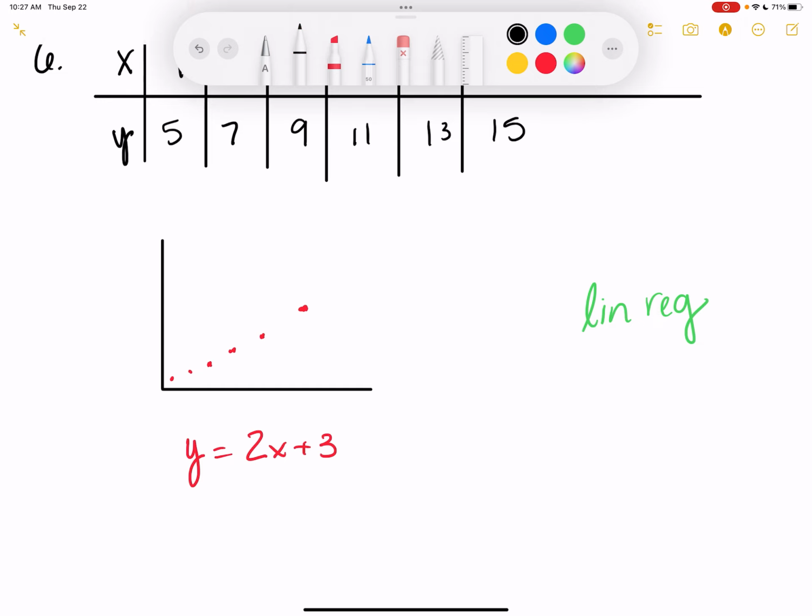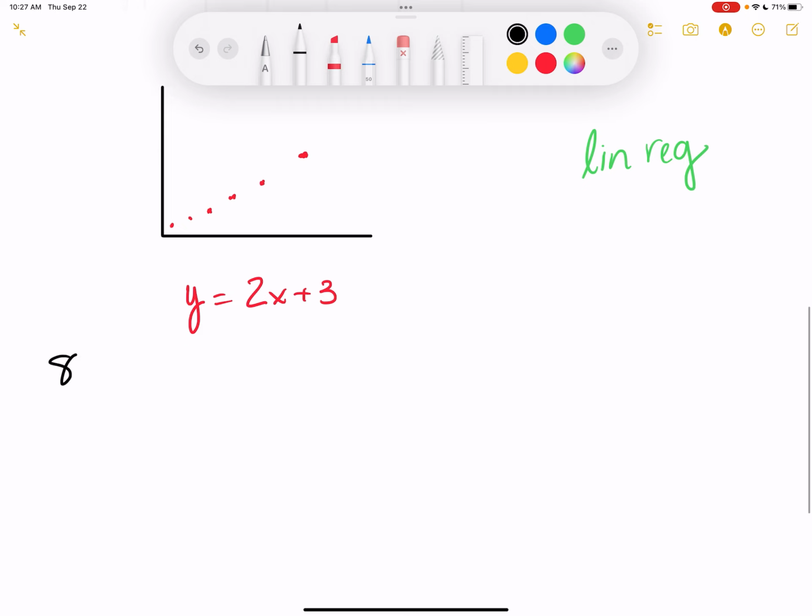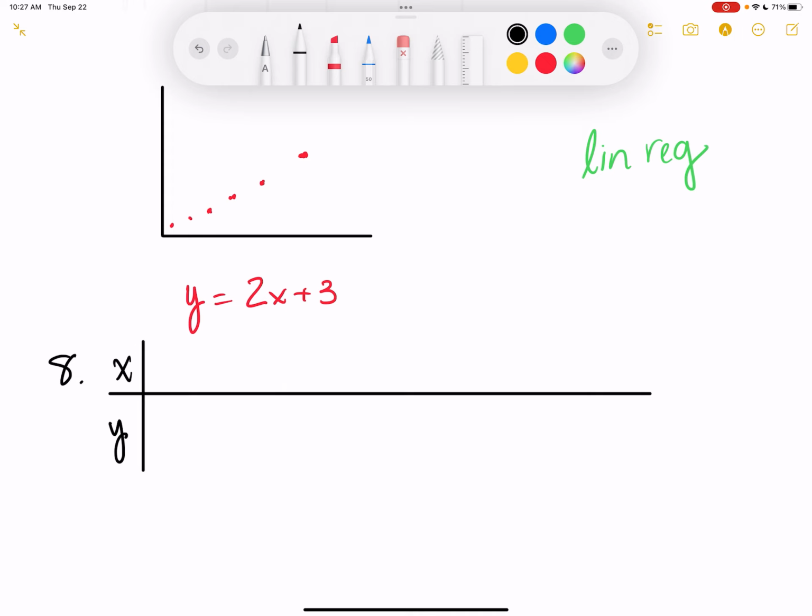Let's do 8. I'm gonna make y'all figure out what kind of function you need to use for this one. Once you do your stat plot, you'll know. It's a really long line. I don't like how long that one is.